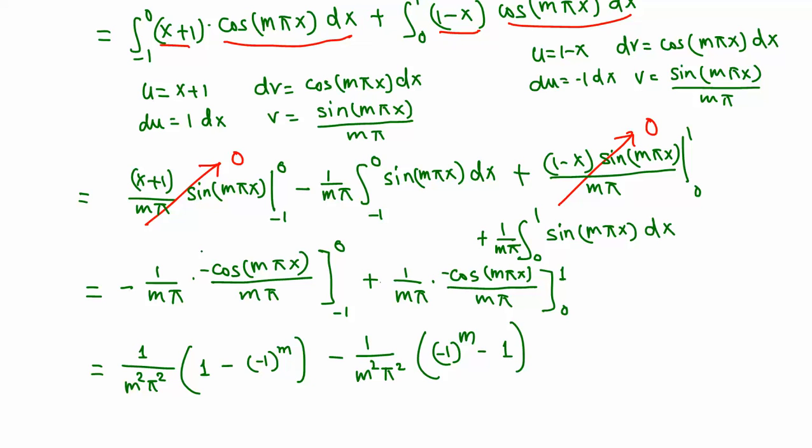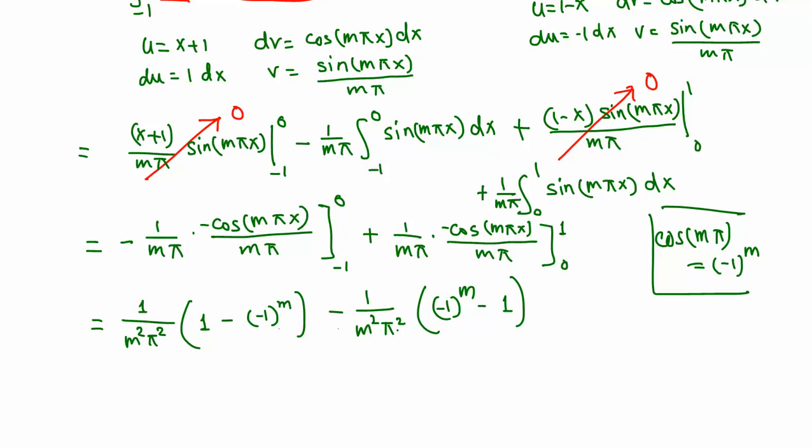Same thing here. Now negative times negative is positive, and m square pi square outside. Upper limit cosine 0 is 1, minus the lower limit when we plug in negative 1. Cosine of a negative angle is the same as cosine of the positive angle, so cosine m pi, that is negative 1 to the m. Cosine of integer times pi is negative 1 to that integer. And same thing here. Now we combine these two, in fact we can factor everything.